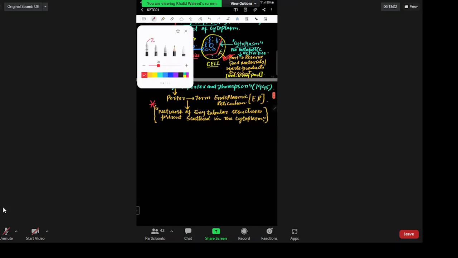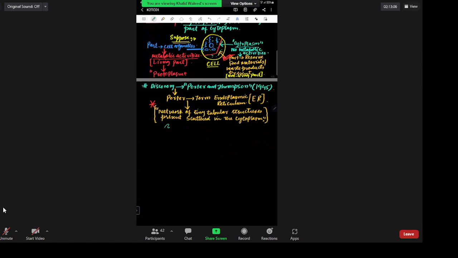Now, from competition point of view, in this year, we have three important focus areas. माने एंडोप्लाज्मिक रेटिकुलम से आपके एग्जाम में तीन एरिया से क्वेश्चंस पूछे जा सकते हैं.